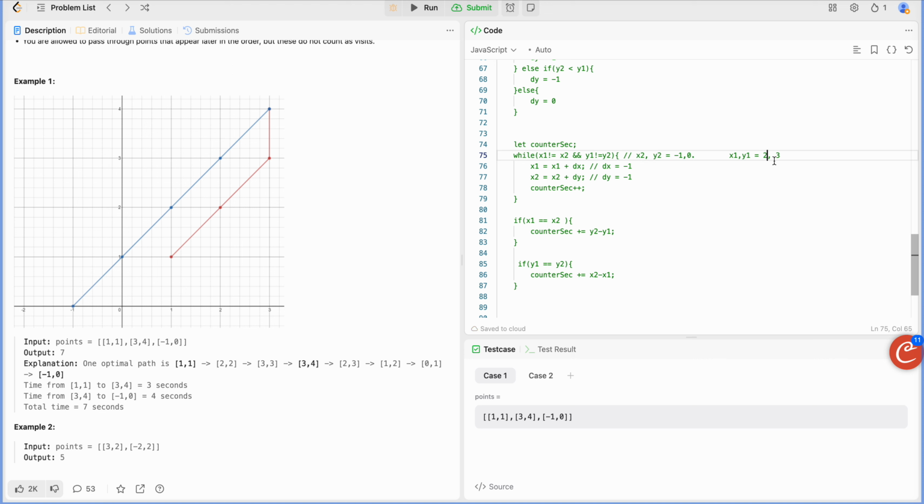After this, 1 and 2, still both are not equal, and 0 and 1, still not equal. So counter second has already increased to 3 seconds. Okay, and if it is -1 0, then it is easy, right? It will be 4.